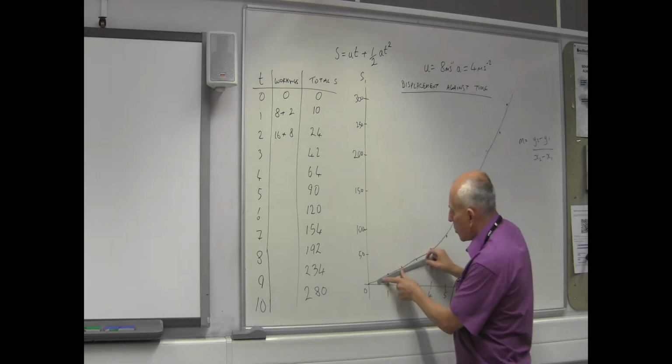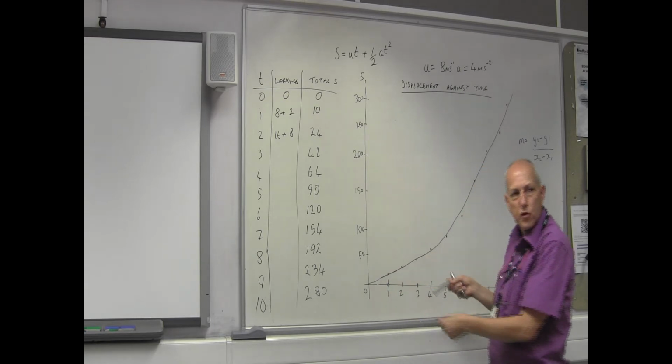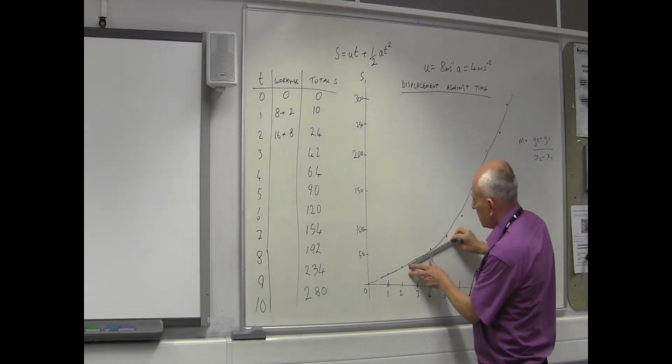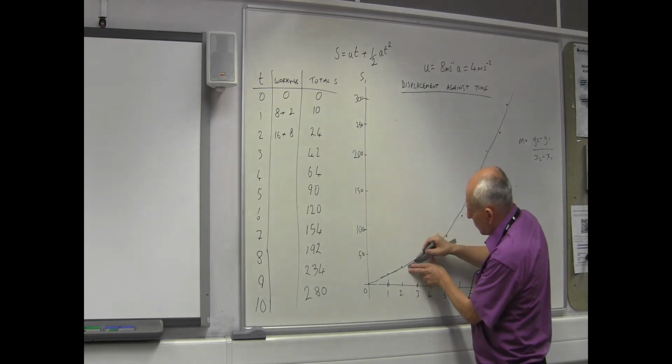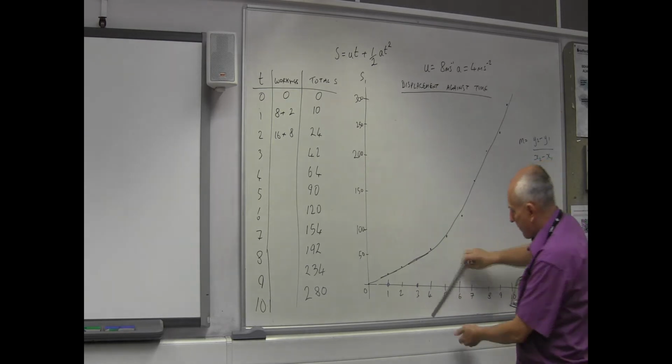So all I can do, it's fairly flat there because I'm a bad drawer. Do the thing, and then here, something like that. Those two are probably very close together.